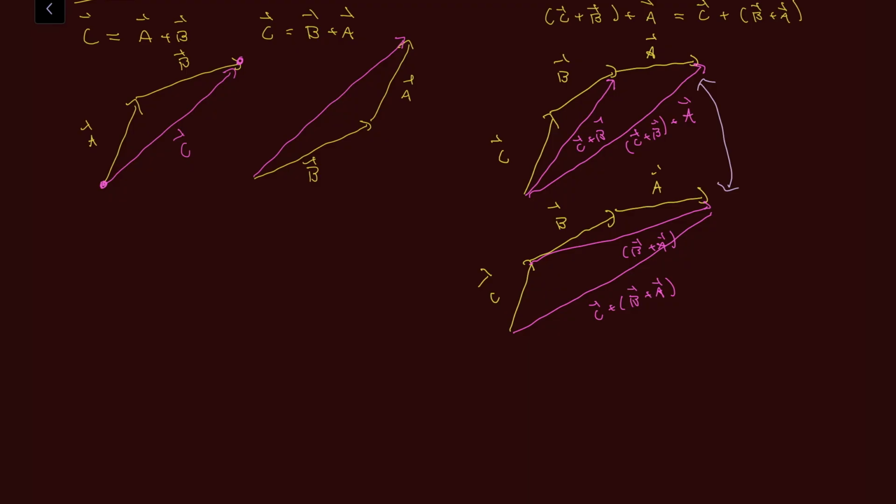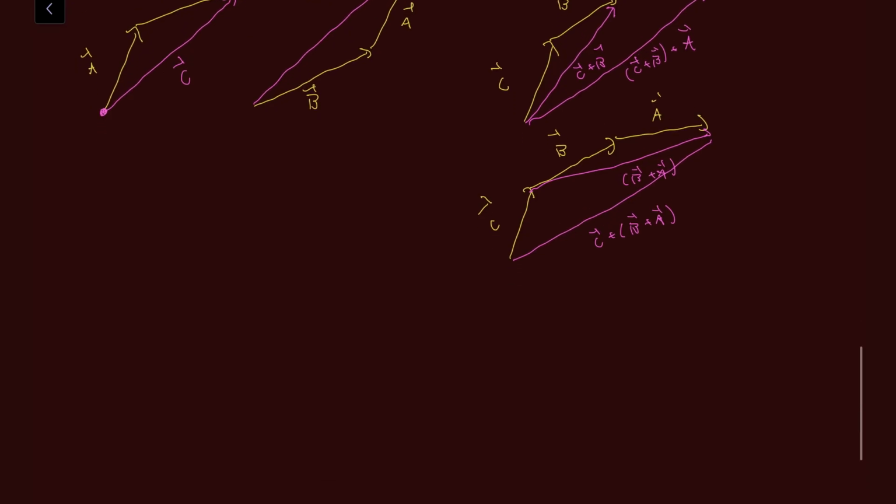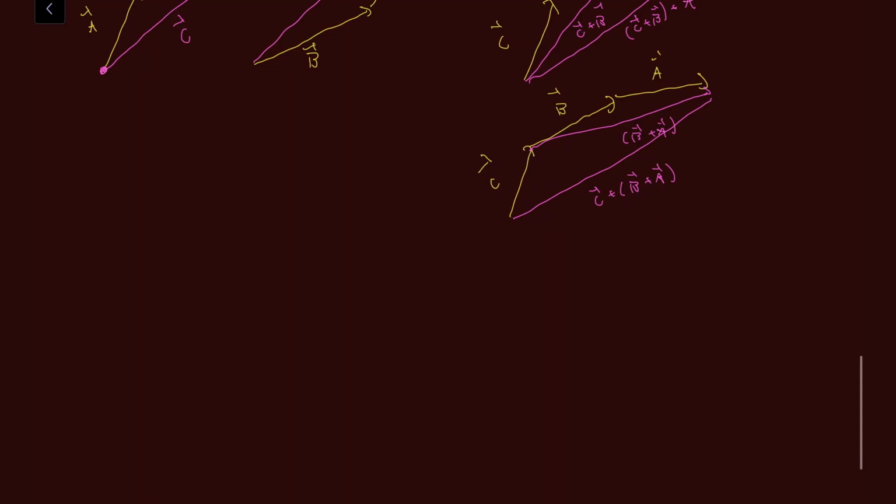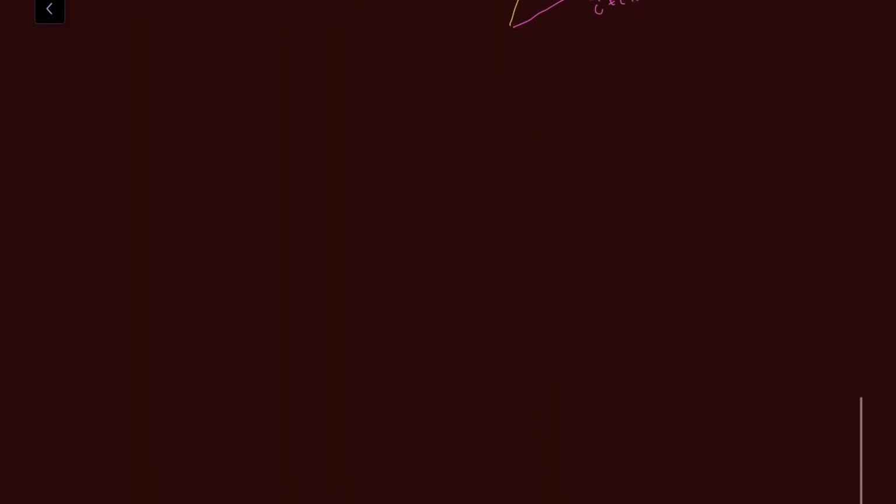But hopefully you can see how, if the diagrams were actually to be accurate, those two depictions would be equivalent. And that is the commutative law and the associative law of vector addition. And now let's move on to an example problem.